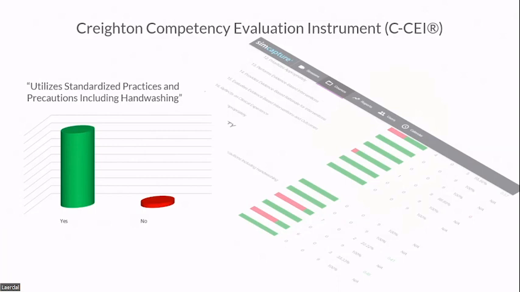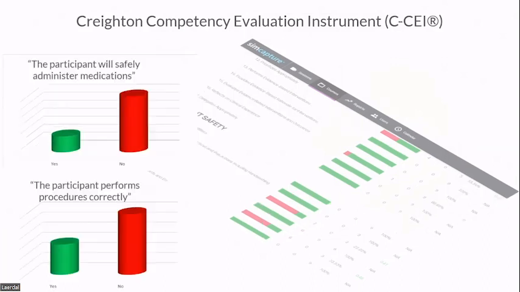There are lots of areas where our students are demonstrating strong levels of competence, for example, practicing precautions, including hand washing. But if you dig a little deeper, we do have some areas of concern. Here, these items regarding safe medication administration and performing procedures correctly were not where we ultimately want to be.